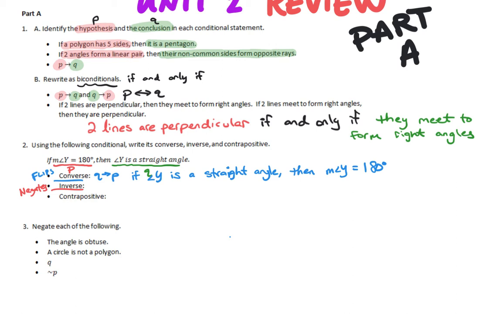It's not going to flip the whole thing around; it says the opposite of P, then the opposite of Q. So instead of saying if the measure of angle Y equals 180, we're going to say if the measure of angle Y does not equal 180 degrees, and that little symbol means doesn't equal, then angle Y is not a straight angle.